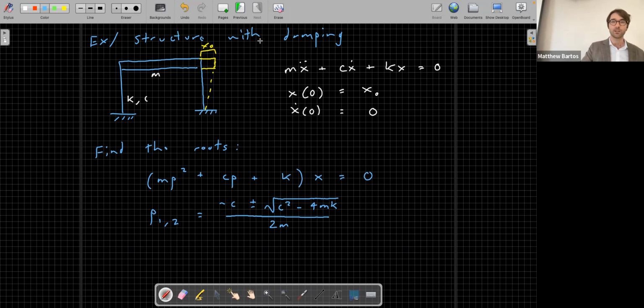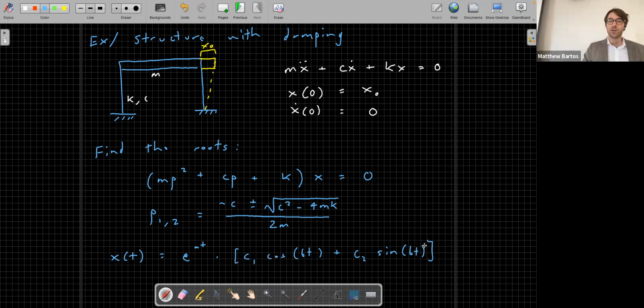Okay, so let's look at what the solution will look like. So we know that our prototype solution will be of the form x at time t is equal to e to the at, where a is the real component, times c1 cosine bt plus c2 sine bt.